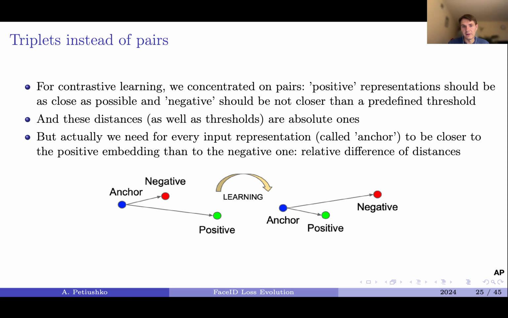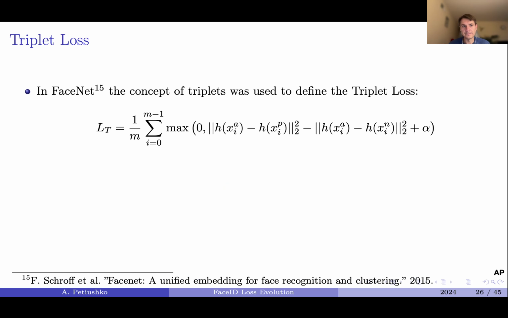What we would like to have is the correct relative ordering. So positives have a distance which is less than negatives. That's all.